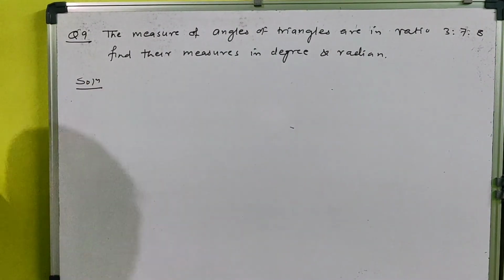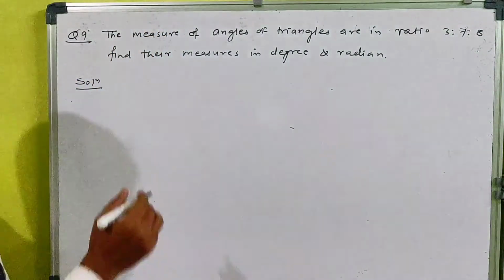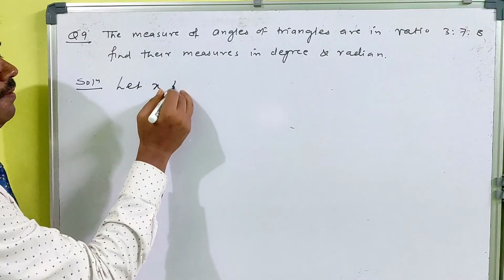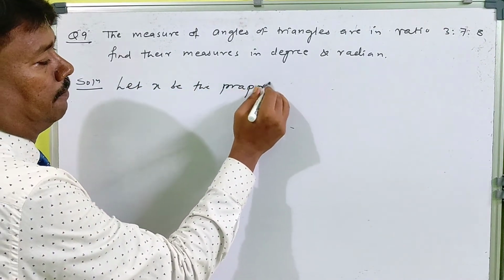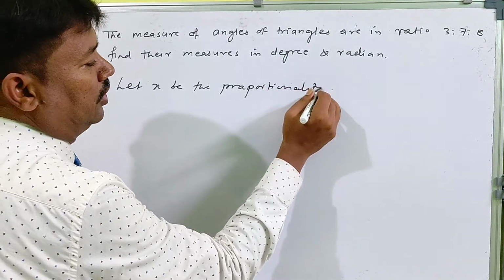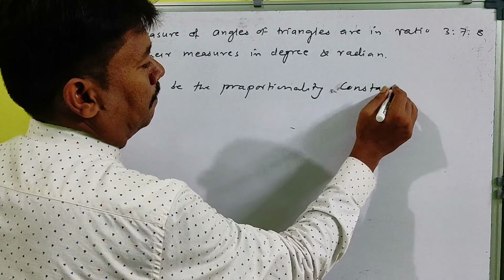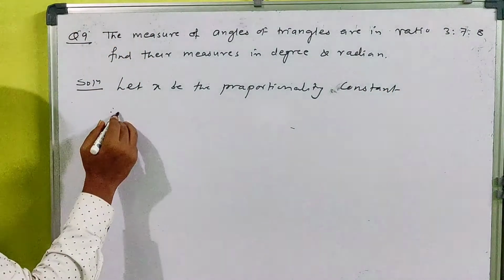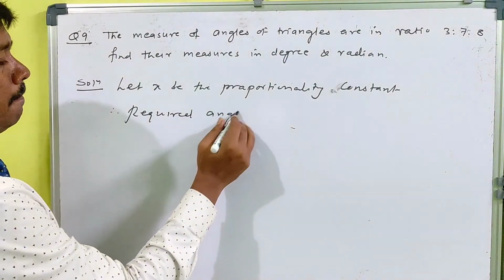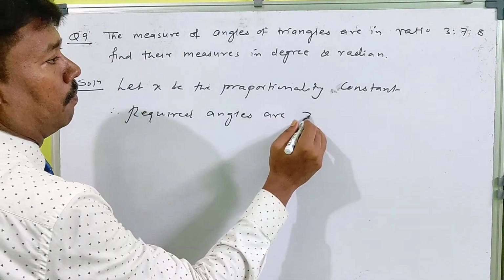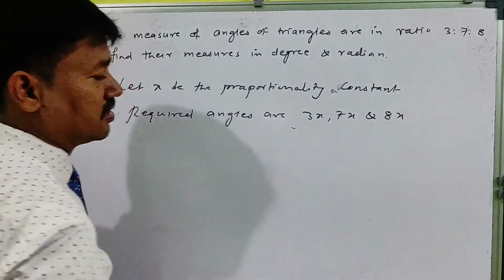we start with the ratio is given. So we start with proportionality constant. So let x be the proportionality constant. Therefore, required angles are 3x, 7x and 8x.